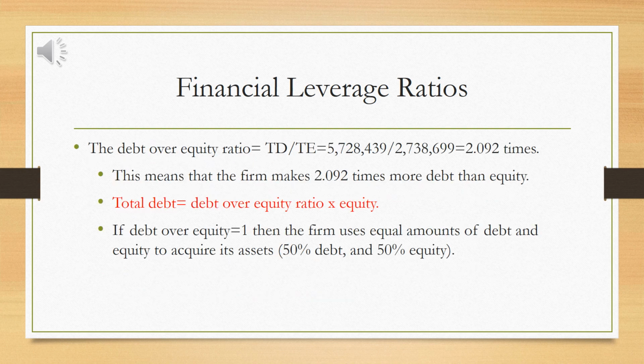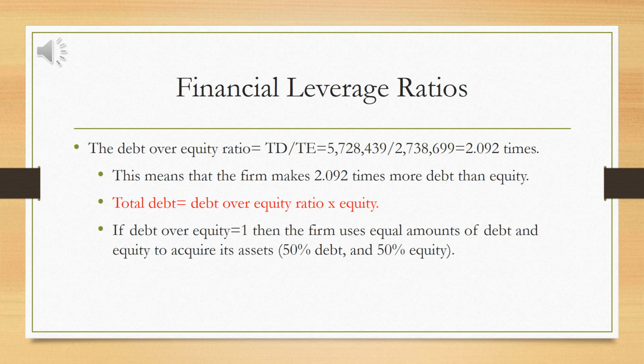The debt over equity ratio equals total debt over total equity, which is equal to 5,728,439 over 2,738,699, which is 2.092 times.